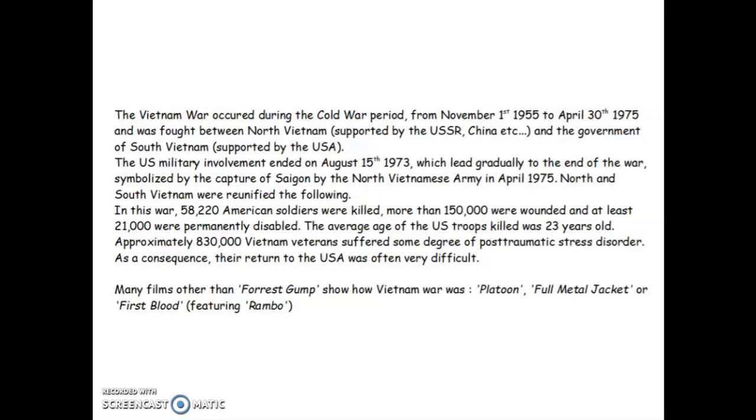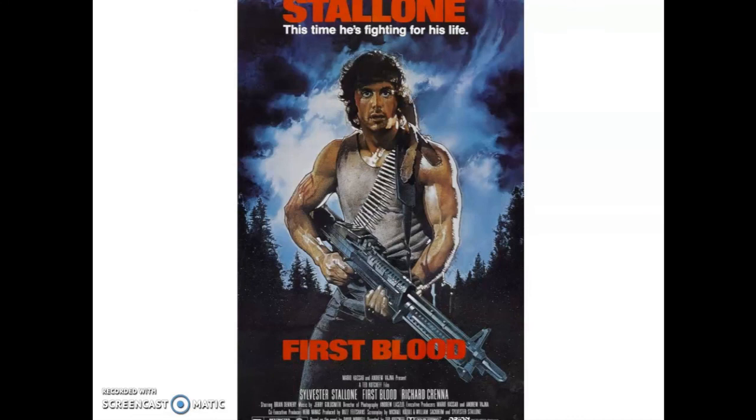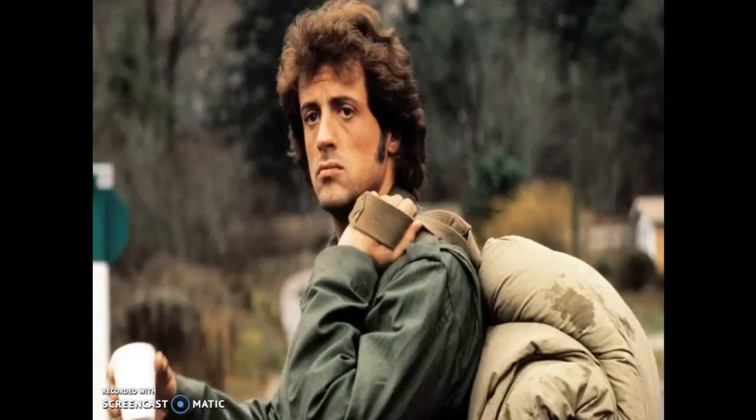Rambo, what is it basically? Here you have the film poster. It's the story of a war veteran coming back to the USA. He is on foot, so he's walking through the cities.